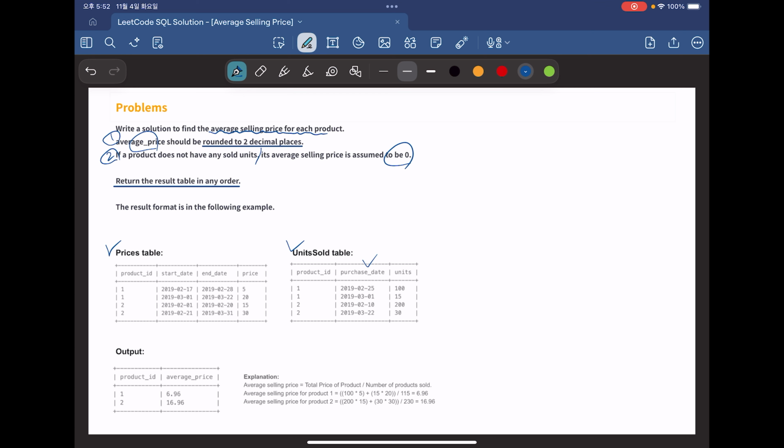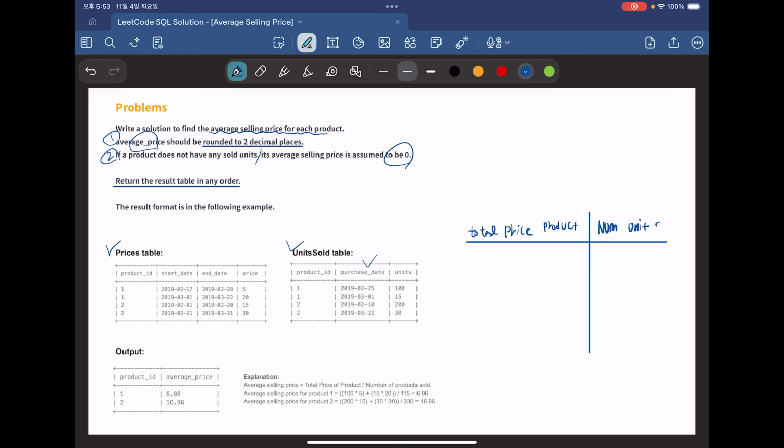There will be a total price of the product, and there will also be the number of product units sold.